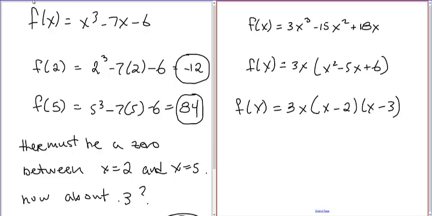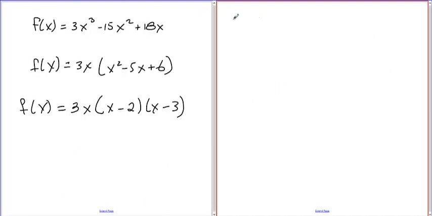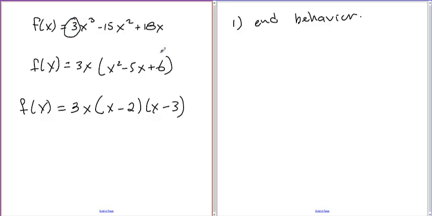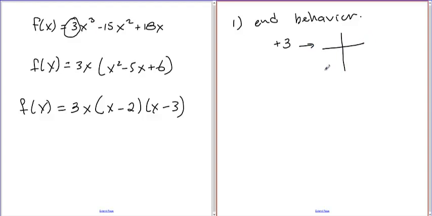Okay, so what can I say? First thing is the end behavior. Well, because that's a positive 3, the coefficient in front of the x cubed term, that means the end behavior looks like this. It's an odd function, so it's going to start one direction, go the other.